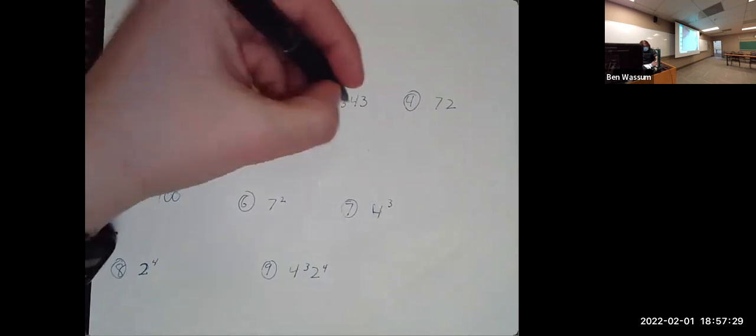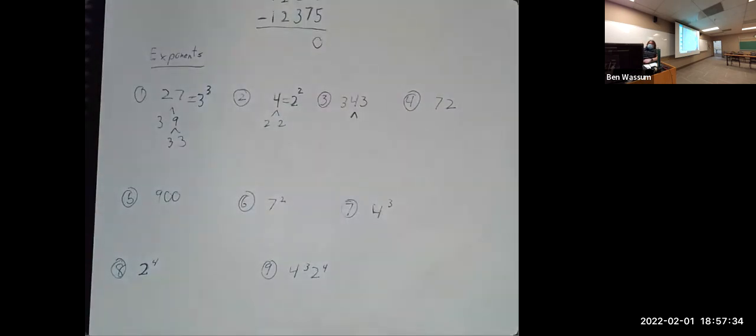343, little trickier, right? I don't know what breaks that down into. So I start hitting my calculator on different numbers. 343 divided by 3, that does not go in. All right, no problem. So we try something else, maybe 343 divided by 7. 7 goes in.